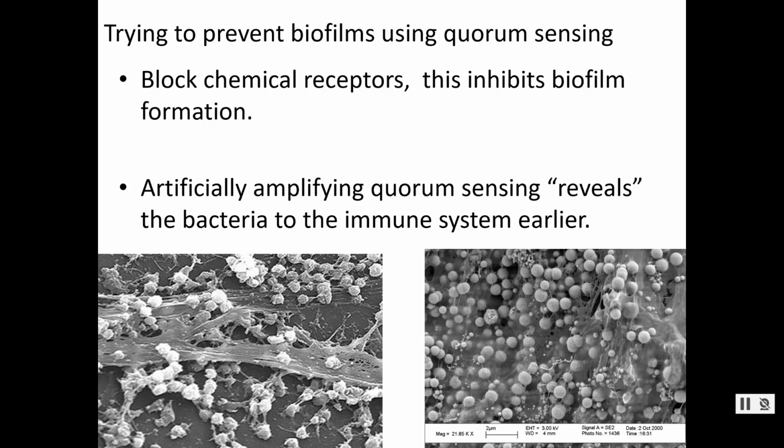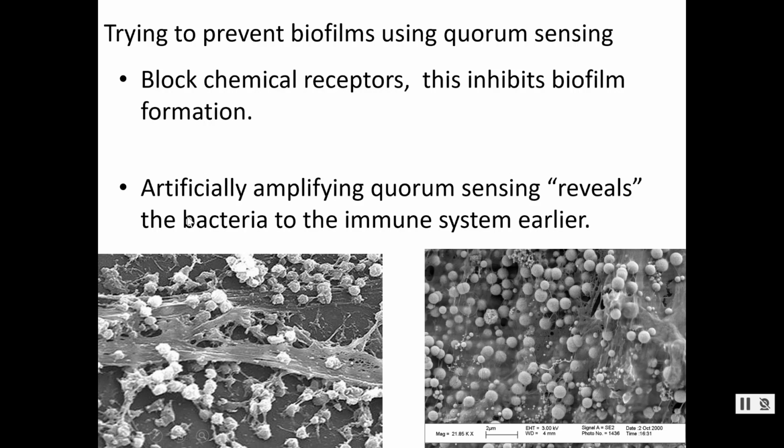We can either block those chemical receptors. So we can make that individual bacteria, those chemical receptors are blocked and those signal molecules can't attach and trigger the reaction. So basically you've got a bunch of individuals and they don't know that they're really within an army. You've got one individual cell, but its chemical receptor is blocked, so it can't get communication, and he thinks he's by himself.